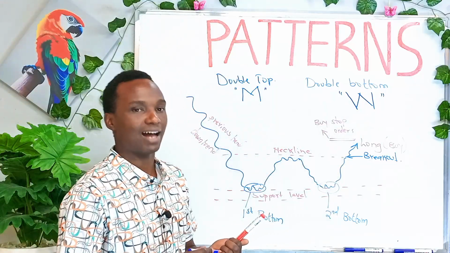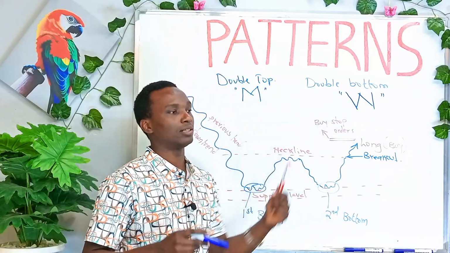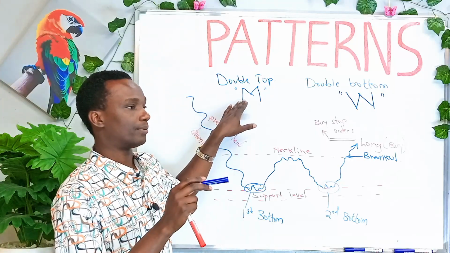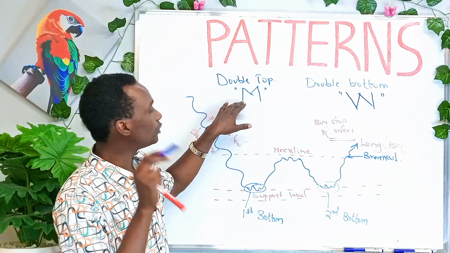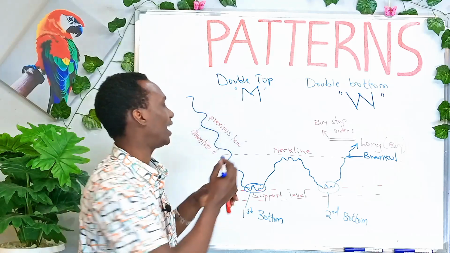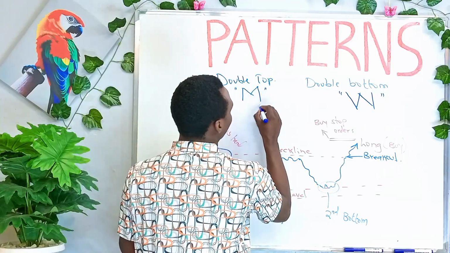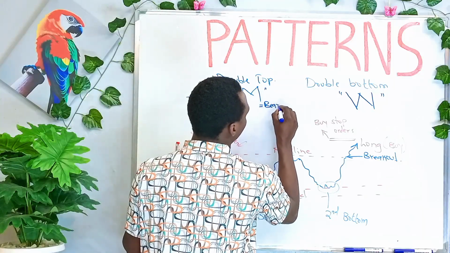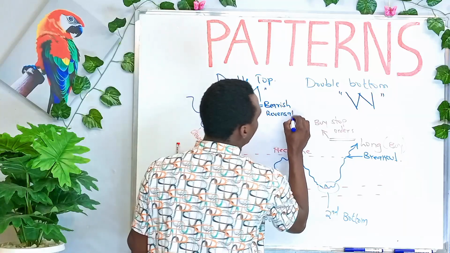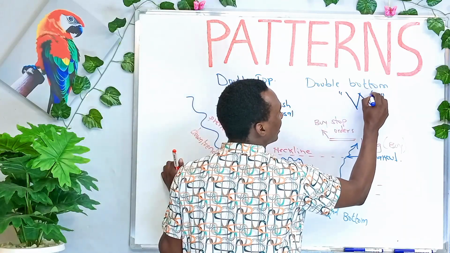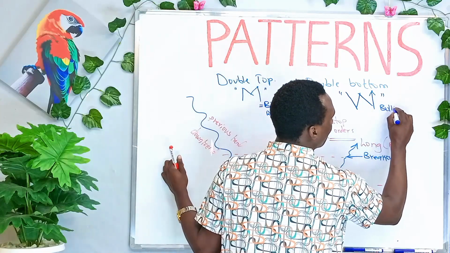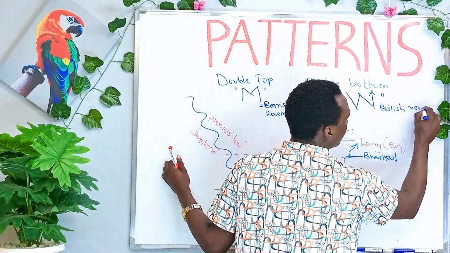All these patterns are reversal patterns. The double top, with its distinctive M shape, indicates a bearish reversal, as we had seen. The W pattern, because the price will start going higher and higher, indicates a bullish reversal.